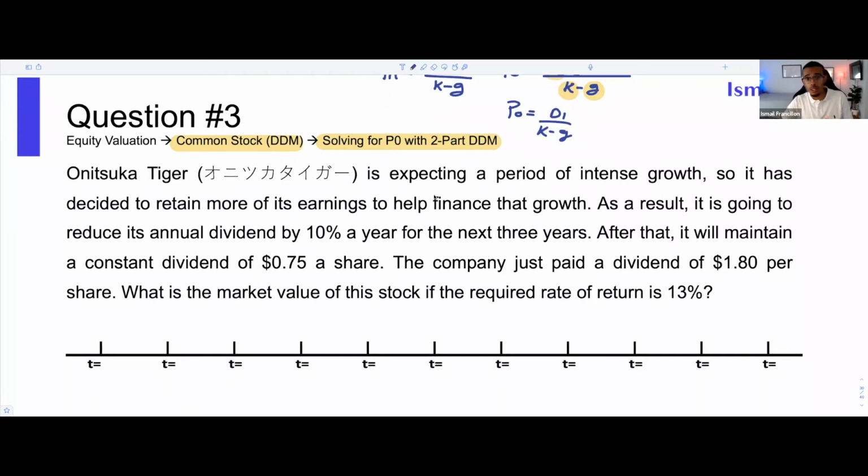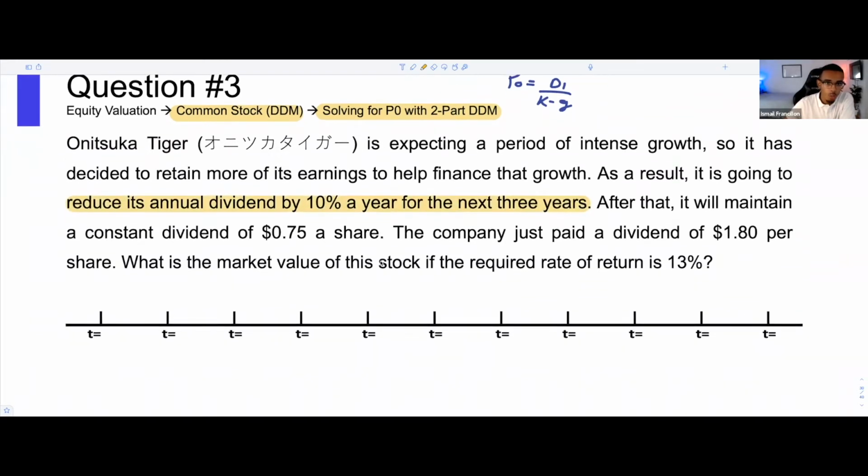Onitsuka Tiger is an amazing company based off Japan, really solid, and they're expecting a period of intense growth. So they decided to retain more of their earnings to help finance that growth. As a result, it's going to reduce its annual dividend by 10% a year for the next 3 years. This is very important. We know that its annual dividend growth will be essentially 0.90, because it's going to lose 10% every single year.